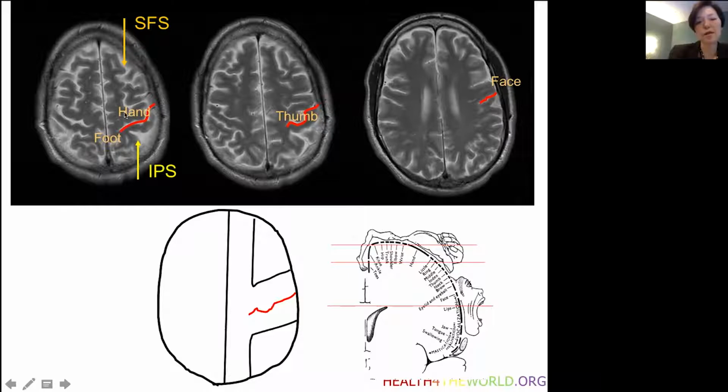So hand has a very large surface compared to the foot or even the face, because you can imagine you do many things in fine motor functions. You need to have lots of motor information concentrated in your hand, because that's how you make a pie, or you can write, or you can cut, or many things you do with your hand.